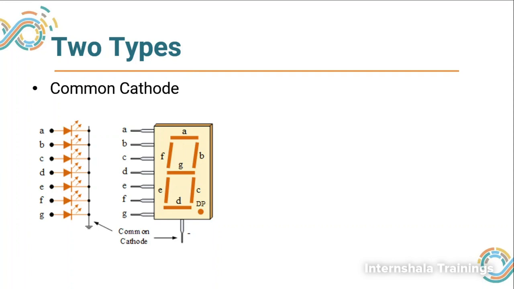So now you can see if I provide 5 volt to A, only the LED corresponding to A is going to glow. If I provide 0 to B, B will not glow. If I give logic 1 to C, C will glow. So this is how a common cathode LED is going to work.